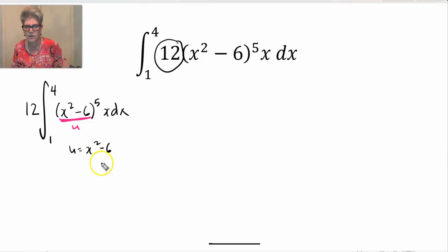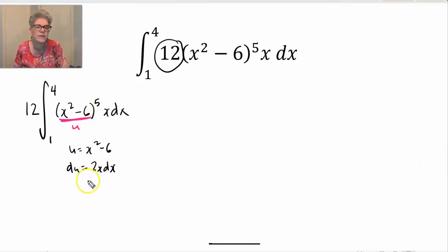Now I'm going to take the derivative of each side. So the derivative of u with respect to u is just 1 du. And the derivative on the right side with respect to x is going to be 2x minus 0, so 2x dx. And notice here I just have x dx. So I want to get rid of that 2.